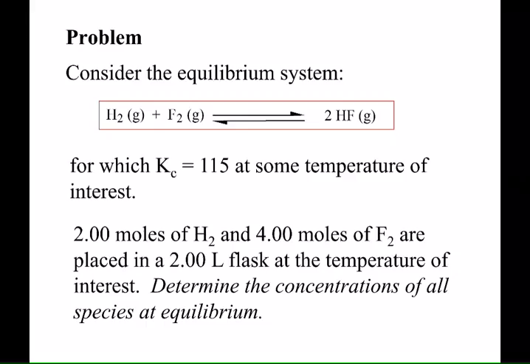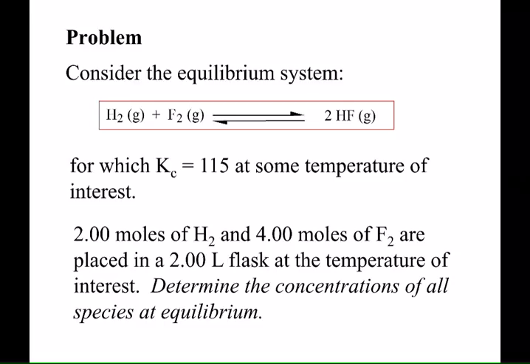Our Kc expression for this one, and I'll go ahead and start writing my columns. Kc is always products over reactants: the molar concentration of HF squared, divided by the molar concentration of H2 raised to the first power, and also in the denominator the molar concentration of F2 also raised to the first power.